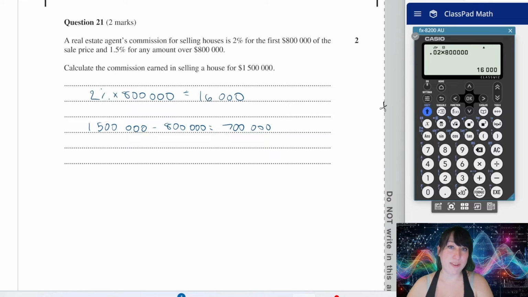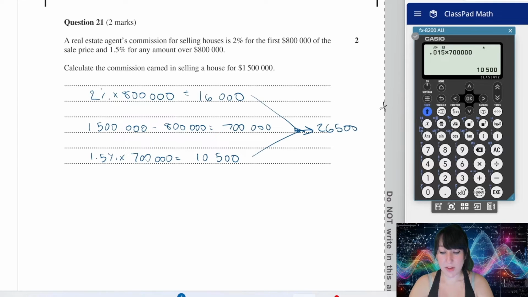And then 1.5% of that is $10,500. The total commission is the sum of these two, the 16,000 and the 10,500, which is $26,500.